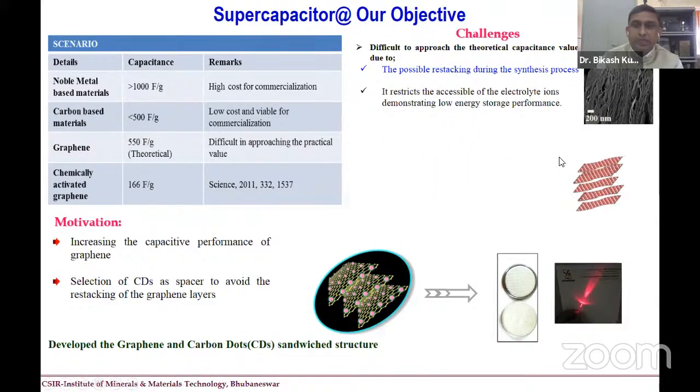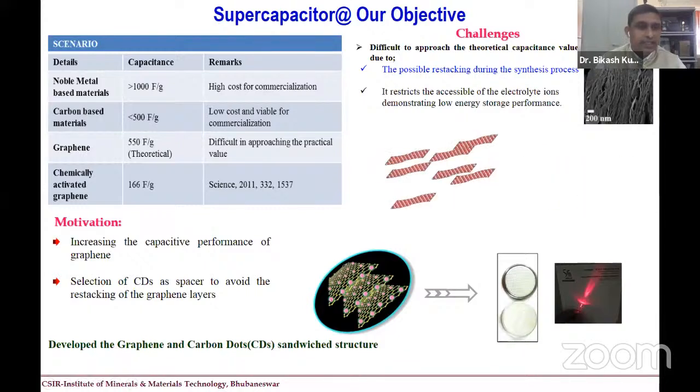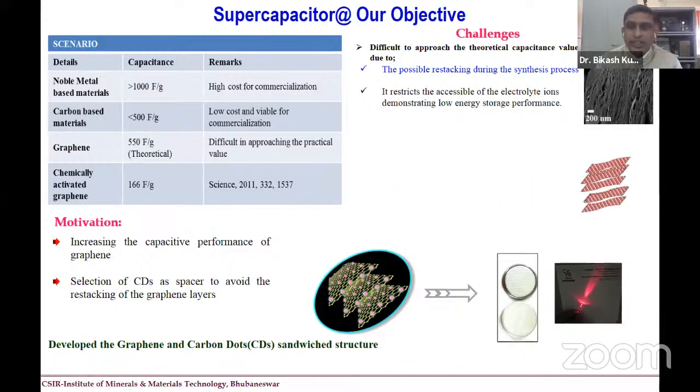You can see the schematic I'm showing. When you synthesize the graphene, it is exfoliated and single layers remain. When you store it, it is restacked and the surface area decreases. That's why the diffusion process and accessibility of ions to the graphene remain low, and you could not achieve up to 550 farad per gram. What is the theoretical value?